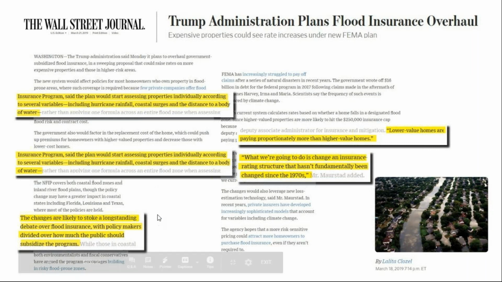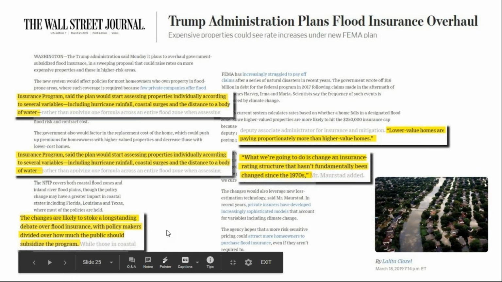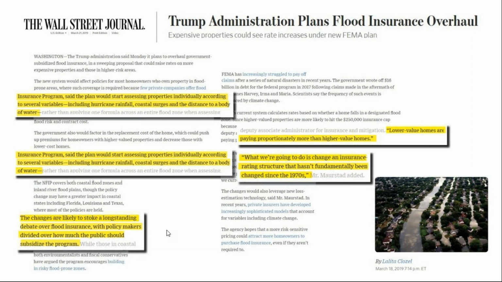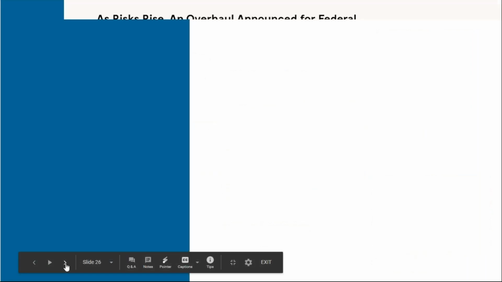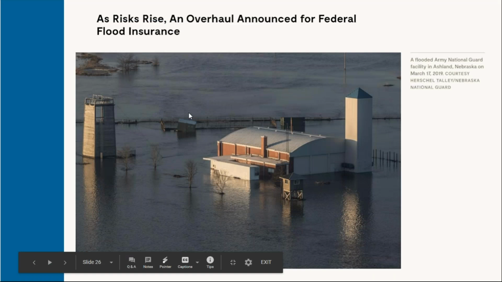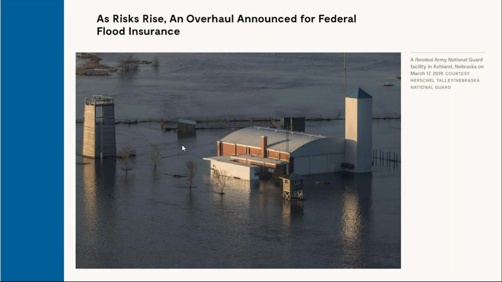And they have made it clear that they're going to throw out everything you know about the flood insurance program and rewrite it, okay? They're going to rework exactly how it works, and it's not going to be based on the same way that it's been done before. A total overhaul of the flood insurance program is going on at the same time that you've got new maps coming in, okay?